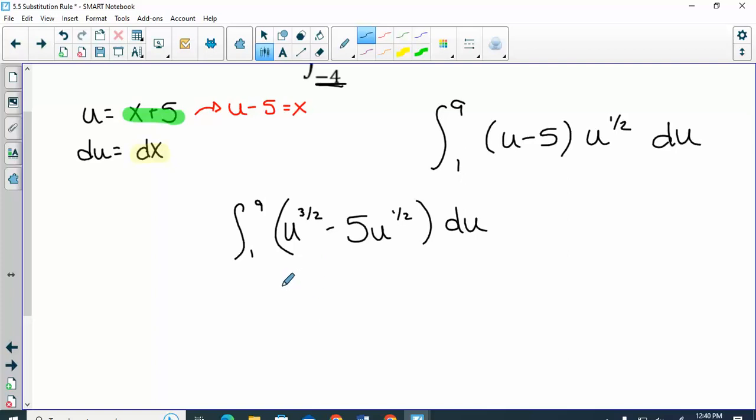Antiderivative of u to the 3 halves? What would that be? So if I add 1, that's a 3 halves. So it gets a 2/3 in front times 5 would be 10/3.